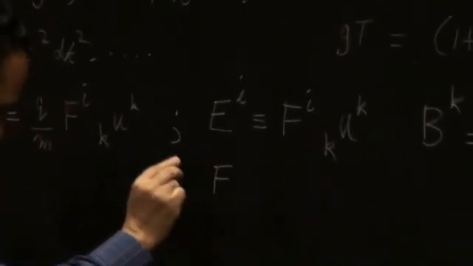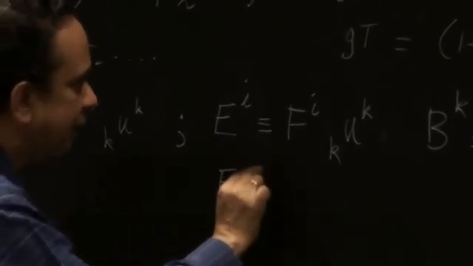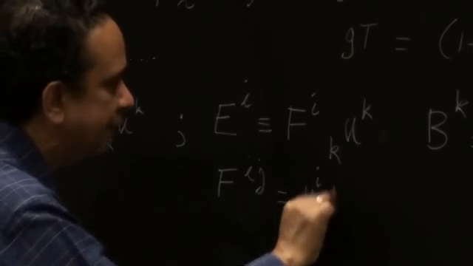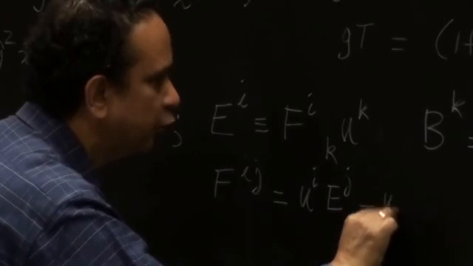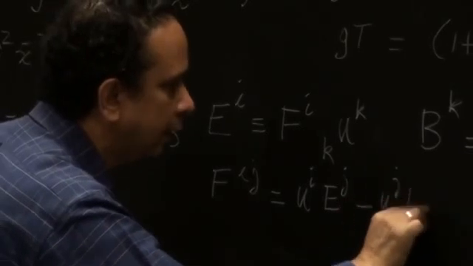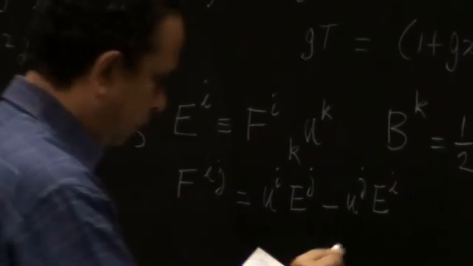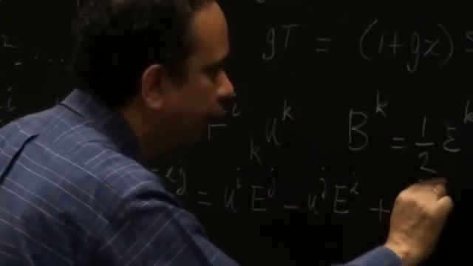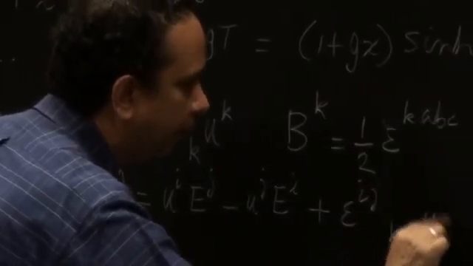That is important. So it contains exactly the same amount of information. You can write F_ij as u_i E_j minus u_j E_i plus epsilon_ijkl u^k B^l.